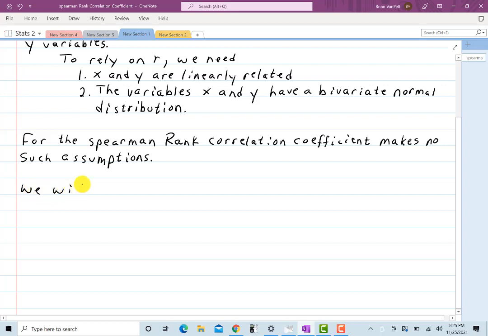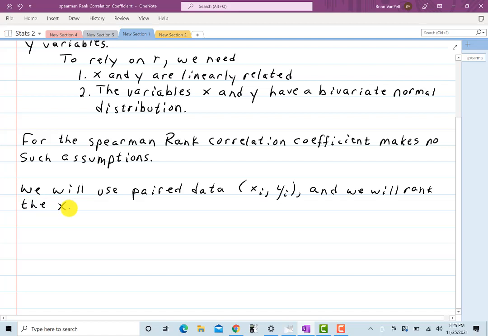We will use paired data X sub I, Y sub I, and we will rank the Xi's and Yi's.